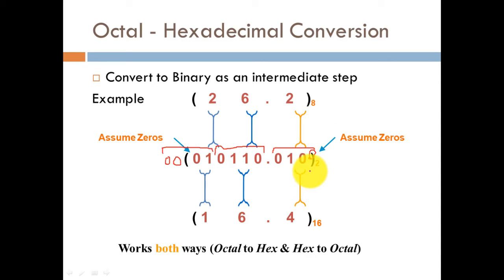Now we write down the equivalent digits. 0100 is 4, 0110 is 6, and 0001 is 1. So the octal value 26.2 is written as 16.4 in hexadecimal. This is how we convert octal to hexadecimal.